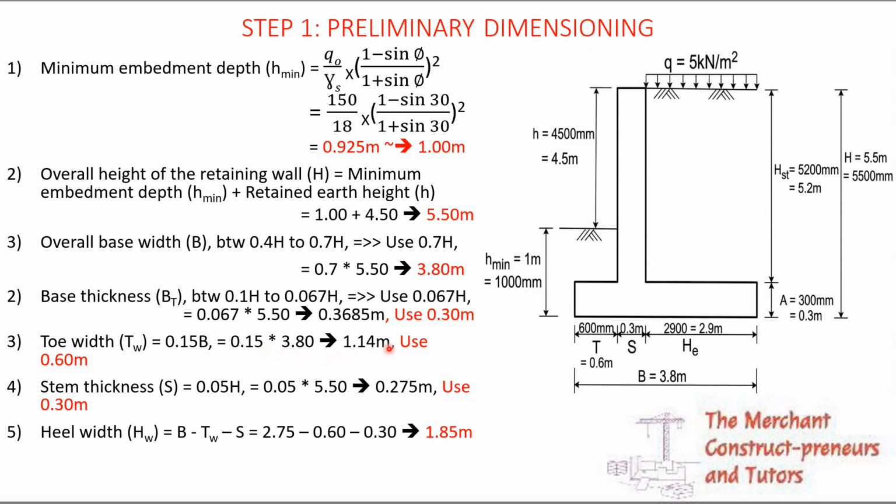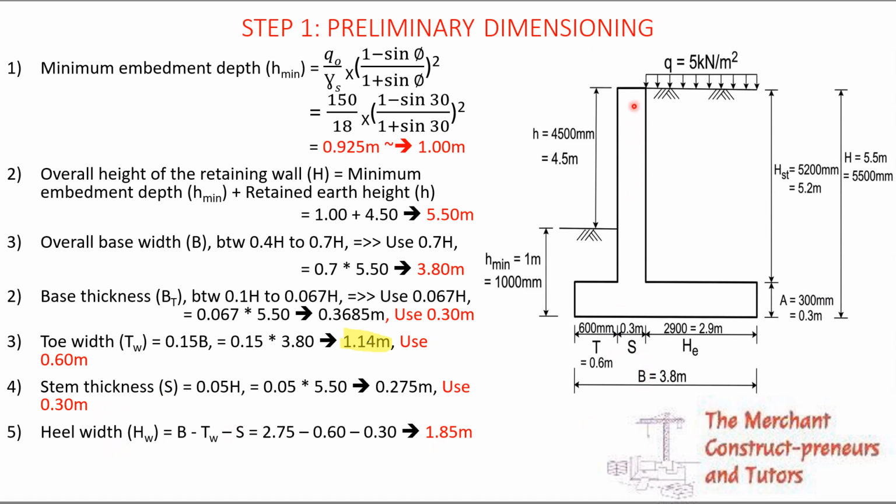So at this portion here, we have it as 0.6. This is not correct. It's not correct. So 0.6 meters. So stem thickness is this, given as this. We use 0.3.